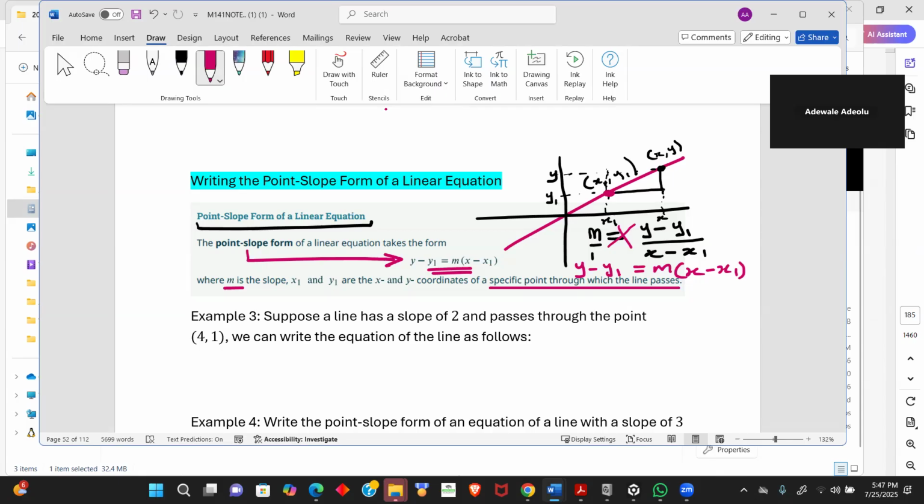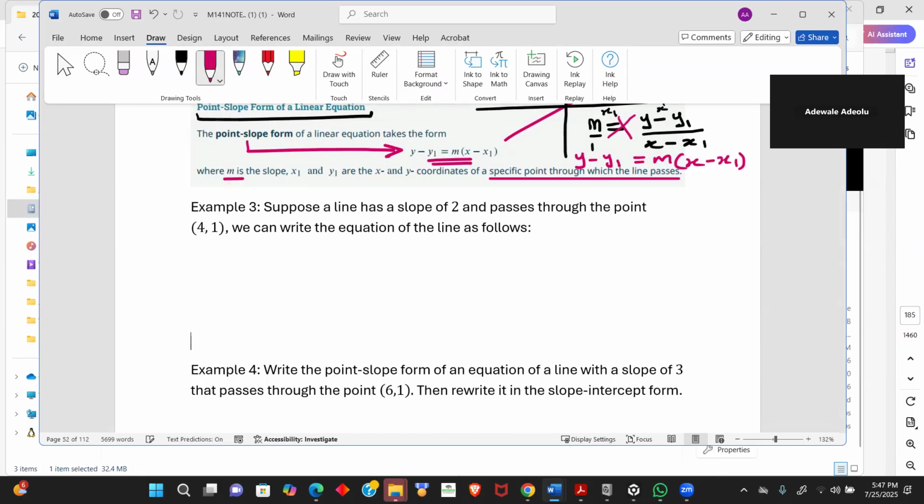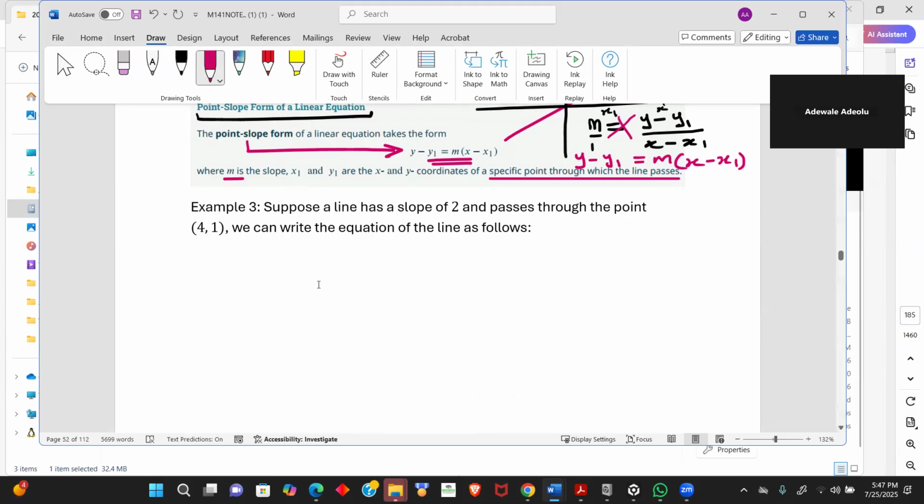Let us take an example. Suppose a line has a slope of 2. That is, our m is 2. And that line passes through the point 4, comma 1. Let's say we have something like this: 1, 2, 3, 4.